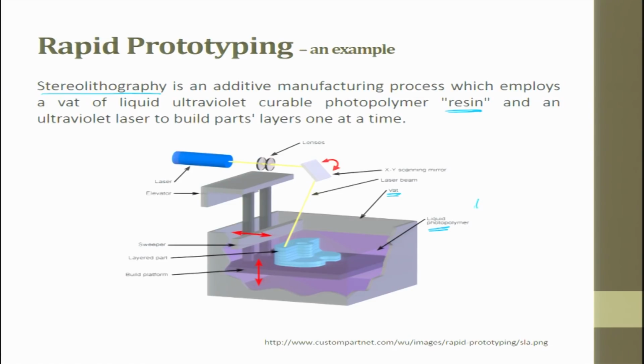Liquid photopolymer is nothing but UV curable photopolymer, and the laser I use is UV. What is UV? Anything from 150 nanometers to somewhere close to 300 nanometers. Okay, so this is UV.